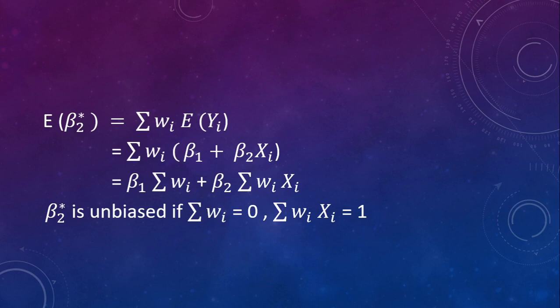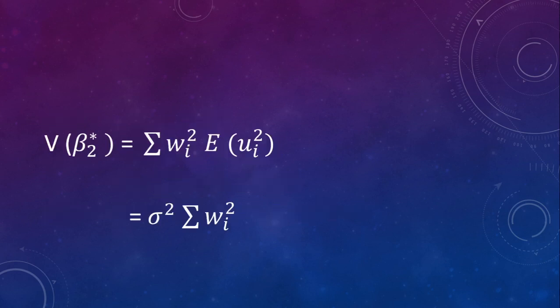So expected value of beta 2 star is equal to beta 2 if sigma wi is equal to 0 and sigma wi xi is equal to 1. If we assume that, expected value of beta 2 star is equal to beta 2. That means beta 2 star is also an unbiased estimator of beta 2.